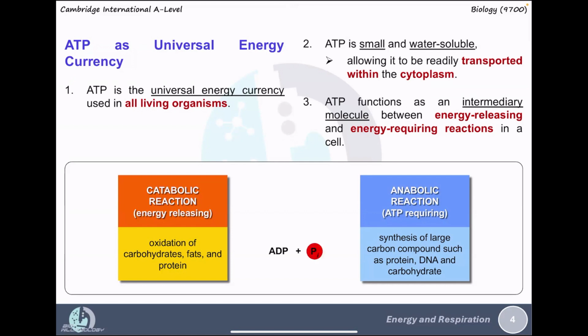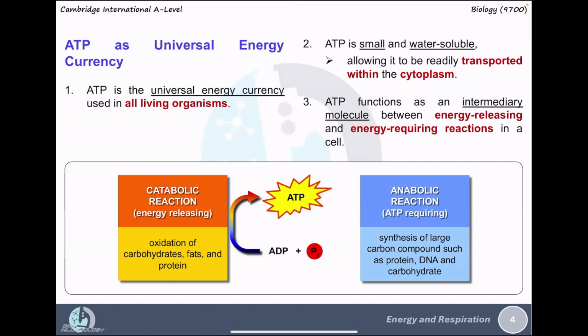When energy is released through a catabolic reaction, this energy will be used by ADP. ADP stands for adenosine diphosphate. ADP reacts with a phosphate group, Pi, which stands for inorganic phosphate group, and absorbs the energy. Once the energy is absorbed by ADP together with the inorganic phosphate group, ATP is formed.